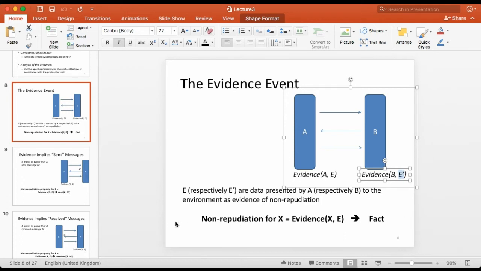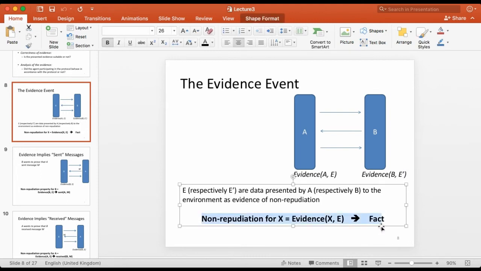What you want to arrive at is the conclusion that non-repudiation for a certain agent means that the evidence they've collected is pointing or implying a certain fact.